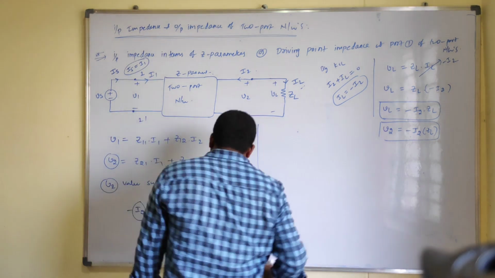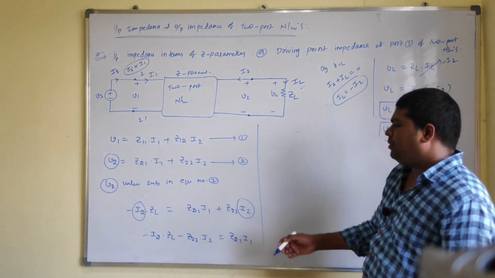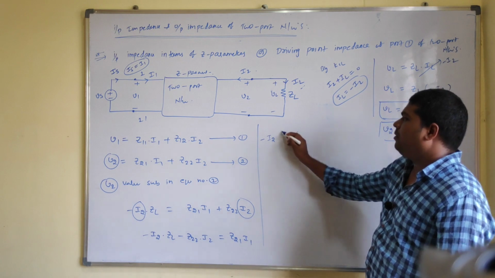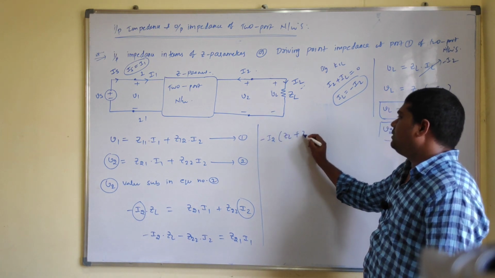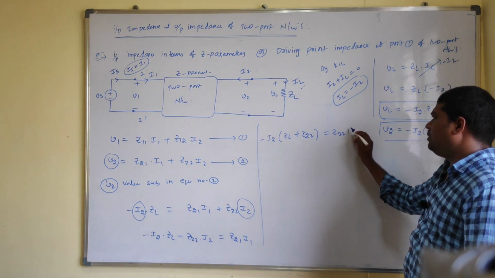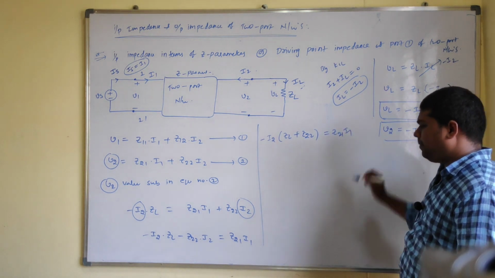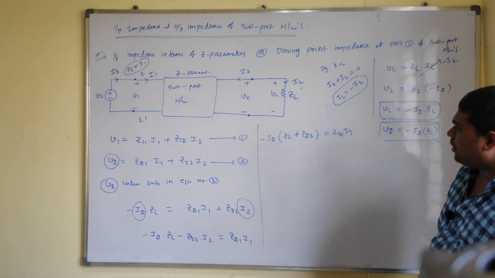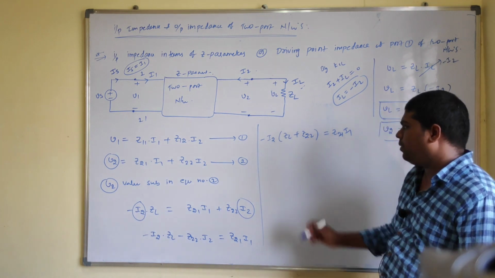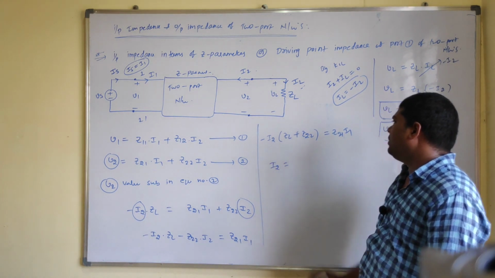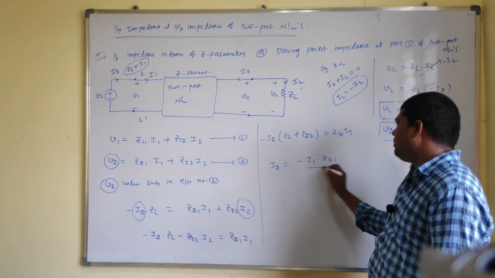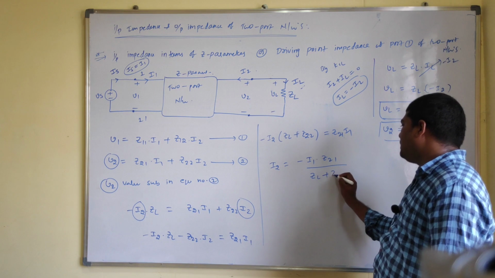Take I2 as a common factor, this minus I2, and you get ZL plus Z22, which equals Z21 I1. From this expression, calculate I2: I2 equals minus I1 into Z21 by ZL plus Z22.